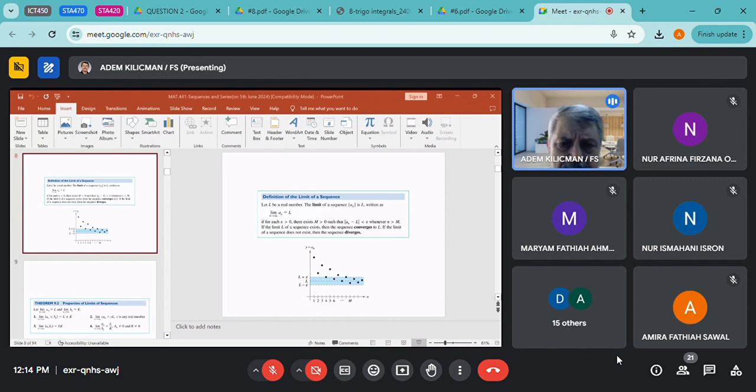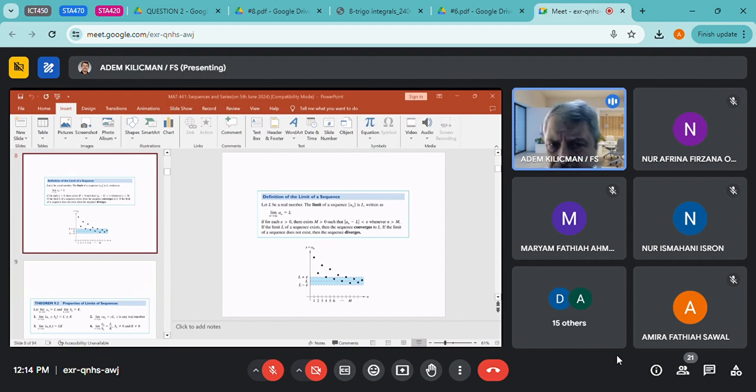If an and bn are convergent and have the same limit, and there is any sequence between these two, an less than or equal to cn less than or equal to bn, then the limit of cn, between them, is the same as well. It was the squeeze theorem that I gave you one example of during yesterday's class. Then when we look at the limit of sequences, we will see some patterns. You can see, for example, 1 over 2, 3.